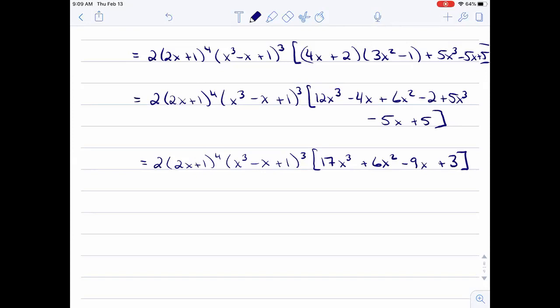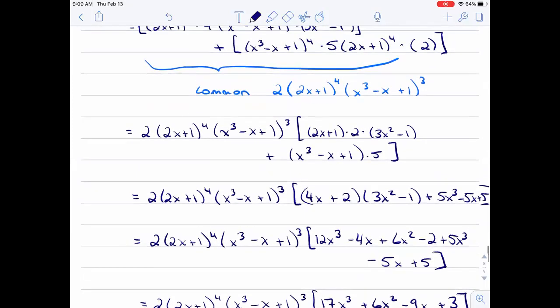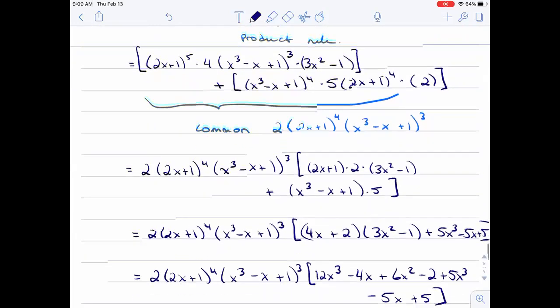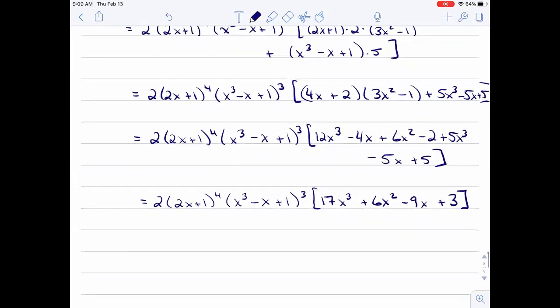Any questions about that one? When can you stop simplifying? This was a biggie, but once you pull out that common factor, not too bad.